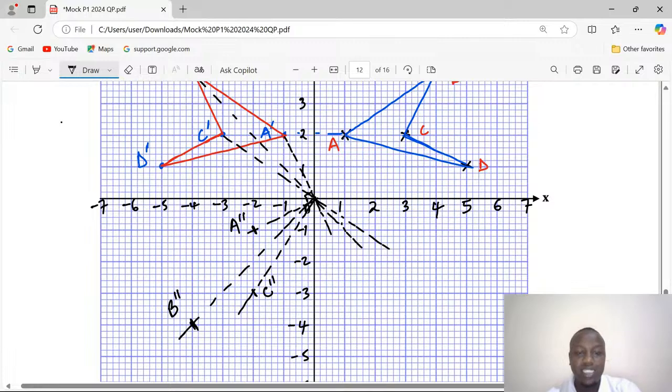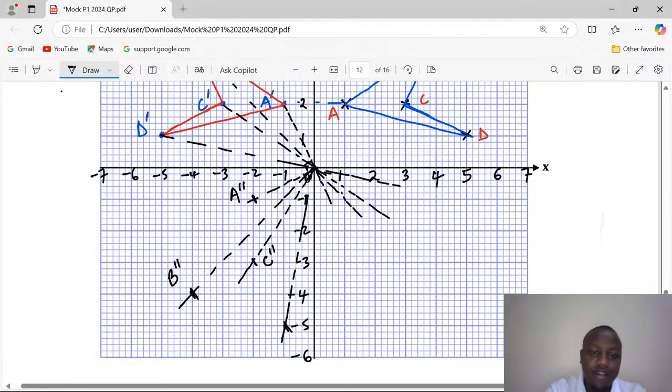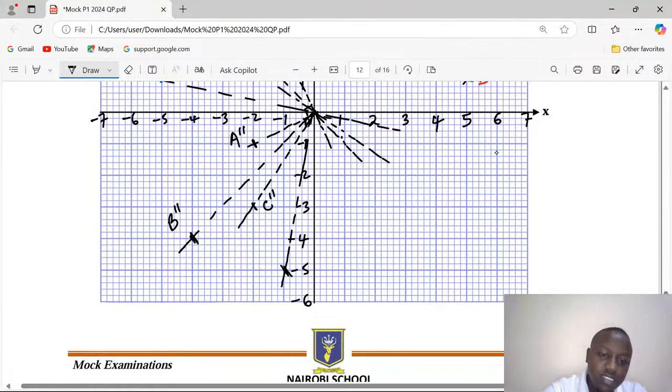And finally D. We connect D to the center, then we measure 90 along that particular line, and we move an equal distance to the other side. Now this means our D double prime is going to be there.